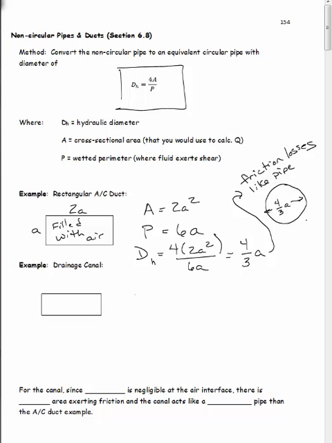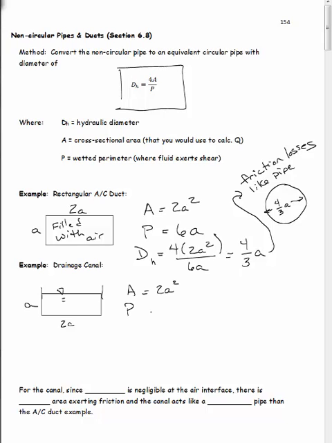All right, let's do the same kind of thing with a drainage canal. All right, so this is a drainage canal, which means that you've got a free surface here at the top. And let's say again, this is 2A wide and A high. Okay, so our cross-sectional area is still going to be A times 2A, 2A squared.